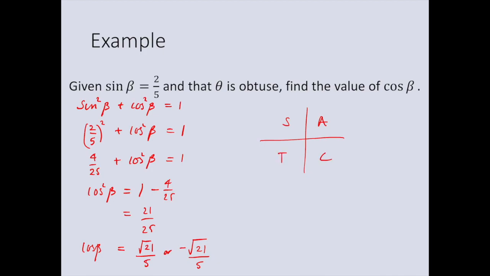Okay, so theta is obtuse. So that tells us then that we're looking at this quadrant number 2 in our diagram. In that quadrant, cos would be negative, so we can write that cos of beta is negative the square root of 21 all over 5.